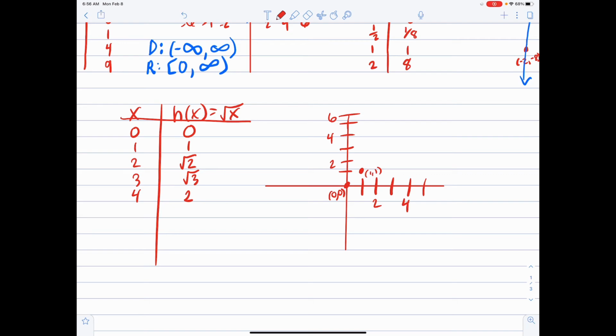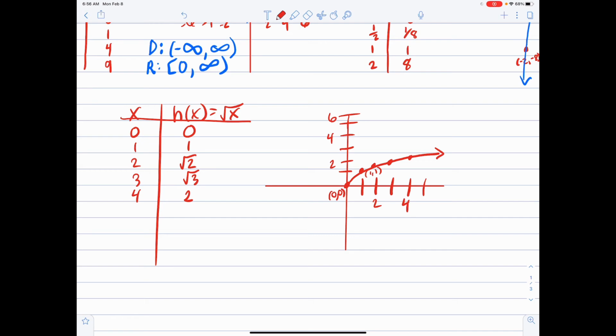Square root of 2 is going to be some fraction in here. Square root of 3 is also some fraction below 2. So it's just going to be a tiny little increase, and then the square root of 4 is 2. So it kind of goes like this forever. It continues up like that.